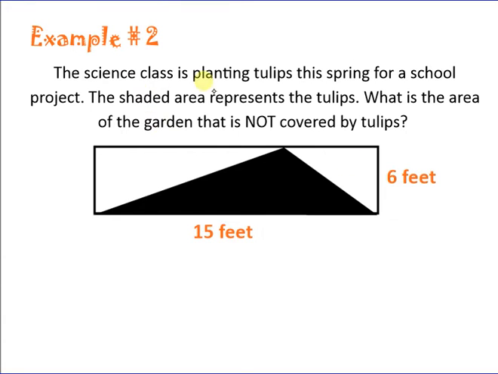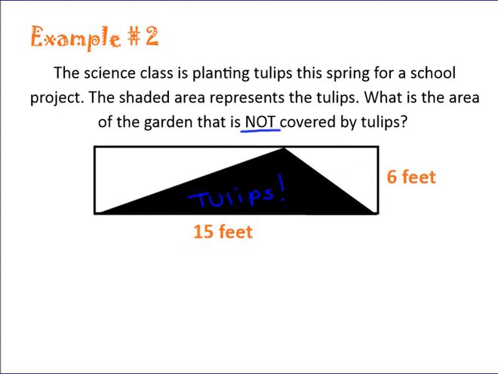So, the science class is planting tulips this spring for a school project. The shaded area represents the tulips. So this right here is the tulips. Okay? What is the area of the garden that is not covered by the tulips? So in this case, it wants the non-shaded region.